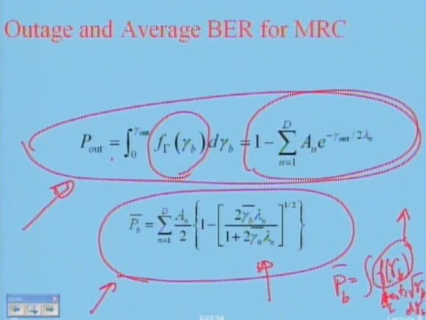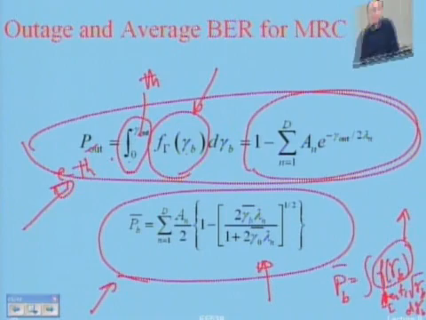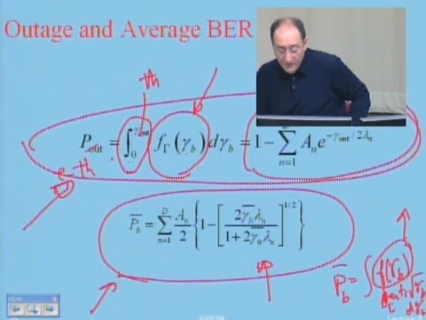Do you remember, for probability of outage, you take the distribution function of signal to noise ratio and integrate between 0 and gamma sub outage or gamma sub threshold. Sometimes I have called it gamma t, sometimes gamma out. But, I mean, bad notations.